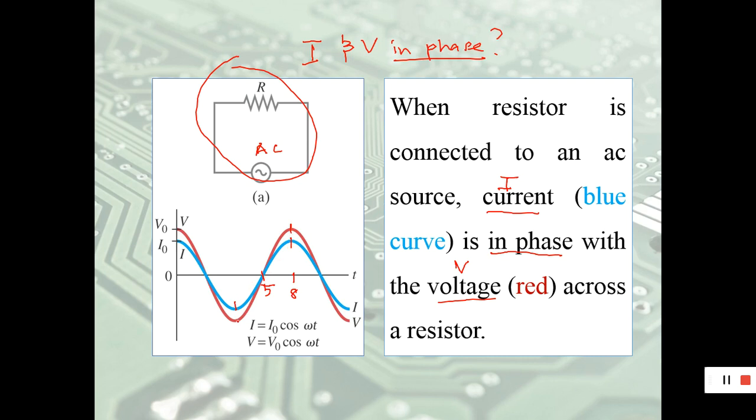And here, for example, at 3, you can see both are at the minimum point, the lowest point. So in phase means that they are together. At the same time they will be 0, at the same time both of them will be maximum, and at the same time both of them will be at minimum. That's the characteristic for the resistor connected to AC voltage.